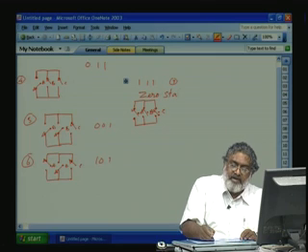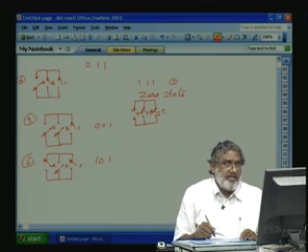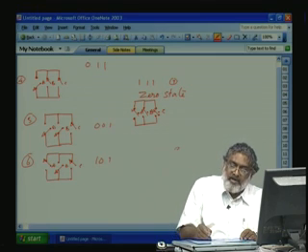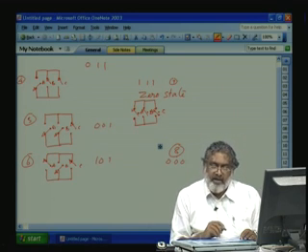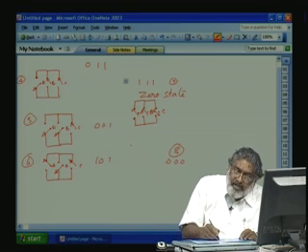Zero state, inverter state. Now one more is there, that is 000, that we term as number 8.